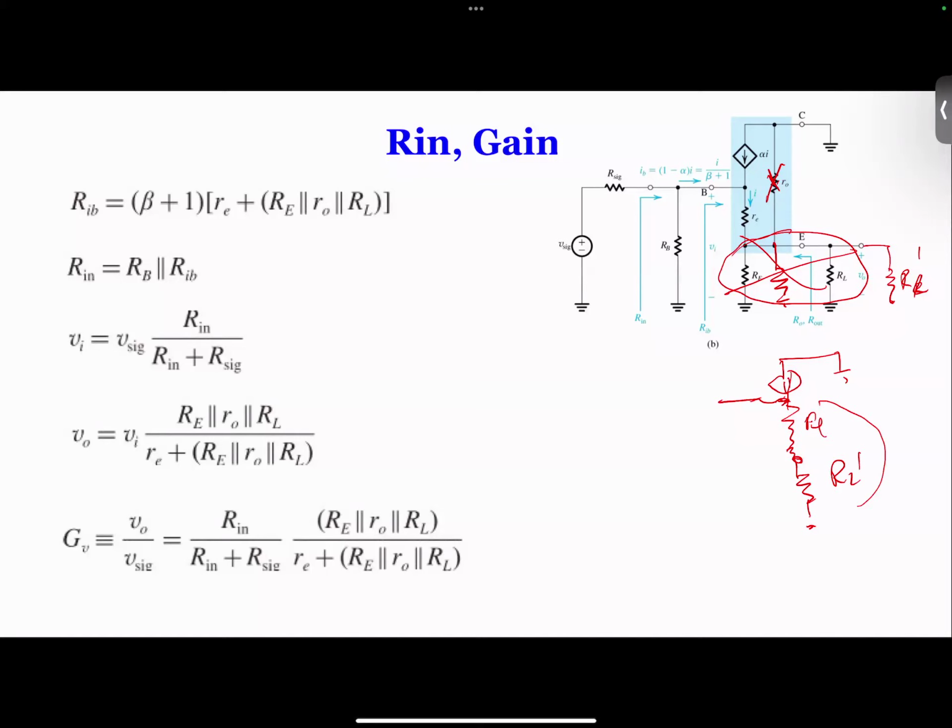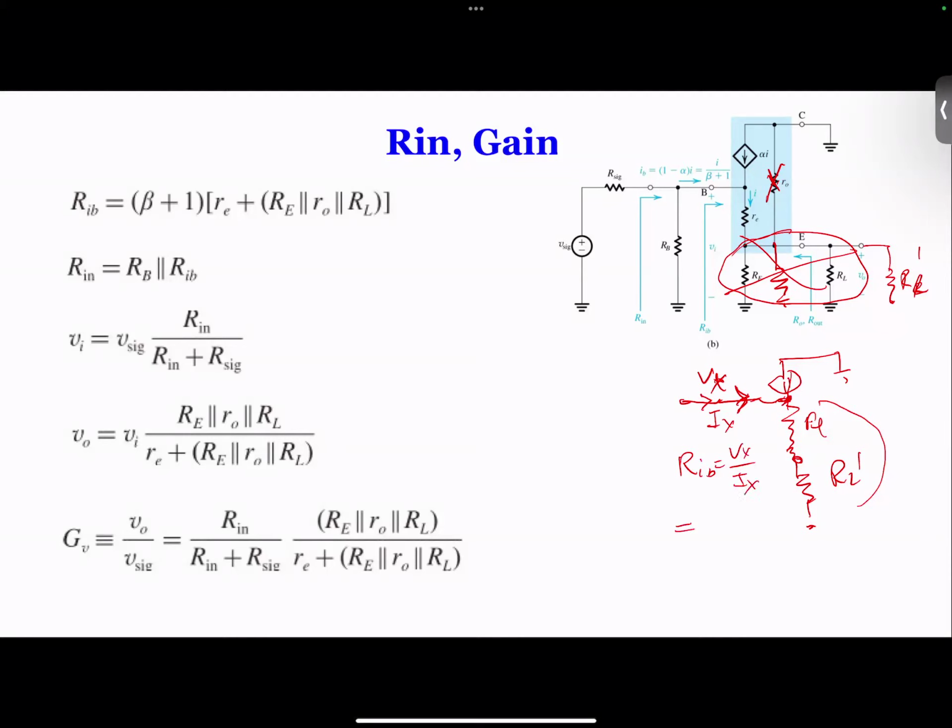The next step is that we need to convert the whole thing over here into a resistance. Now the problem is the controlled source. If you don't have a controlled source, it's easy. Since you have one, the total resistance from this point to this side has to be calculated by applying a voltage Vx here, finding out how much Ix there is, and then RIB is equal to Vx over Ix.